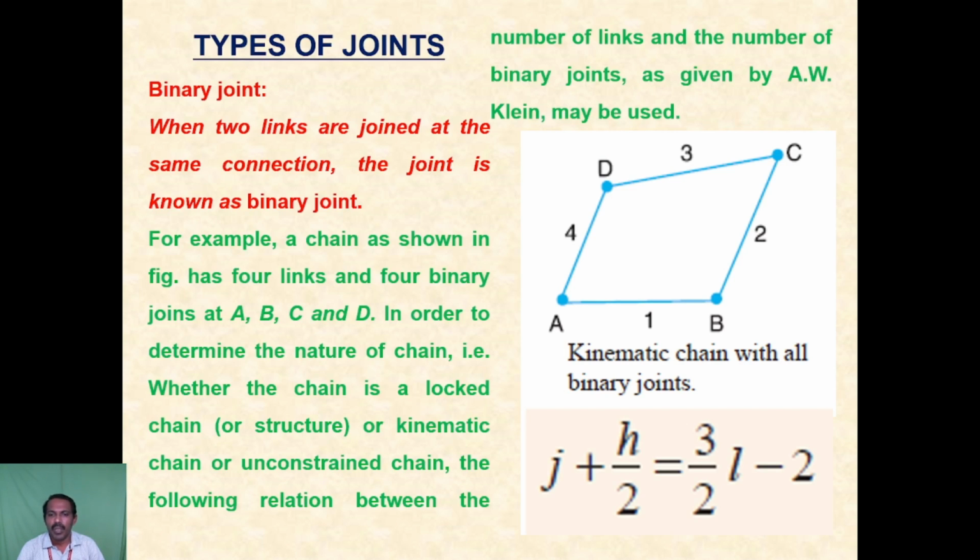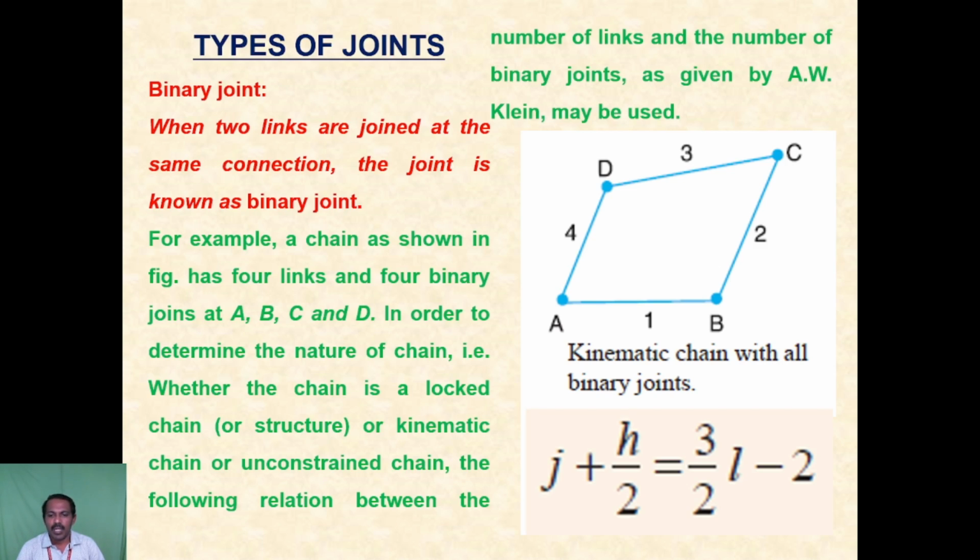For example, this is a 4-bar link mechanism: links 1, 2, 3, 4, and A, B, C, D are the joints. It is a kinematic 4-bar link mechanism.